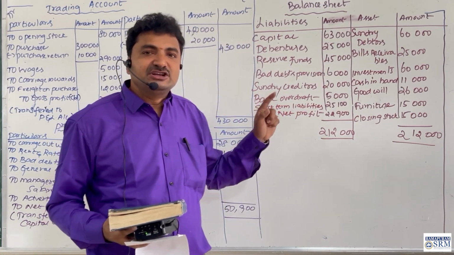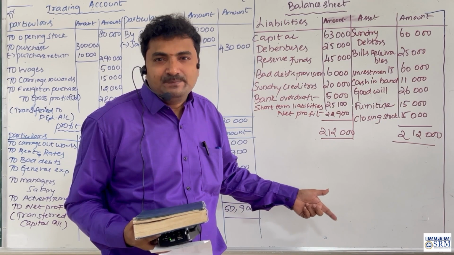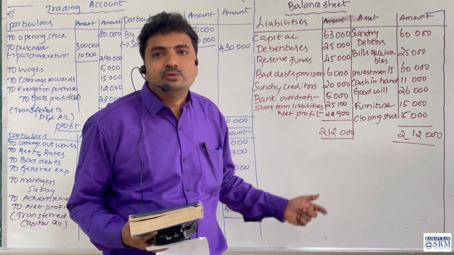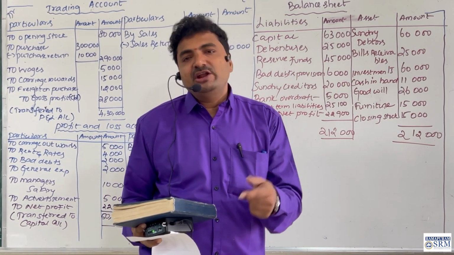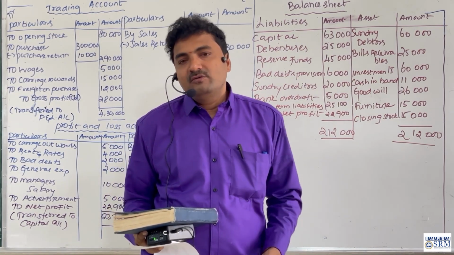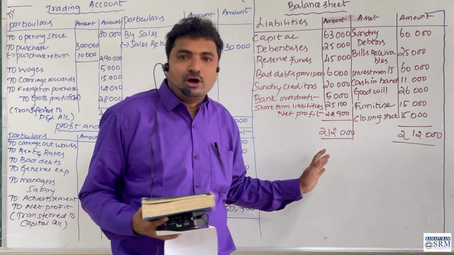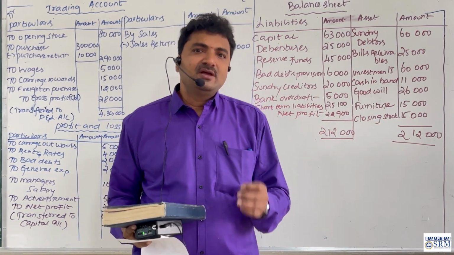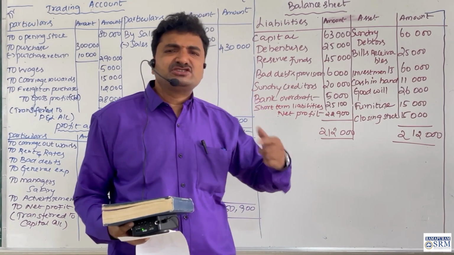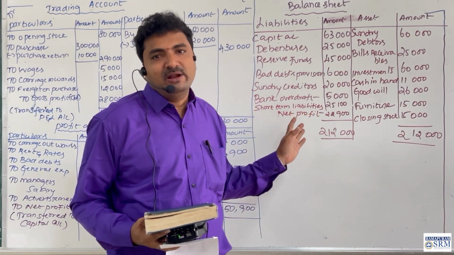One is short-term liability, the second is long-term liability. Short-term liability means you have to repay the amount within 1 year. For example, some short-term liabilities are bills payable and bank overdraft. These come under short-term liability.